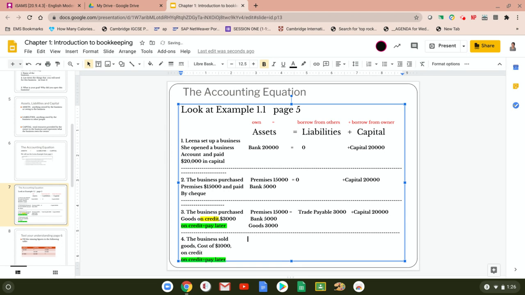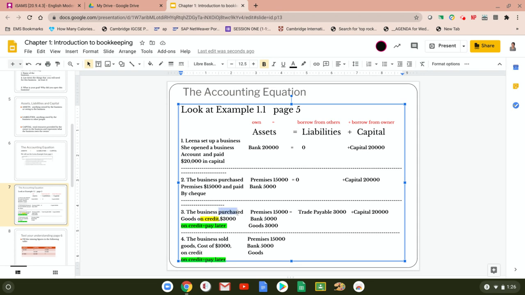Now we carry on. On the fourth day, our premises, our building, is still there, and our bank remains at 5,000. Now, what happens to your goods? What is the difference between 3 and 4?